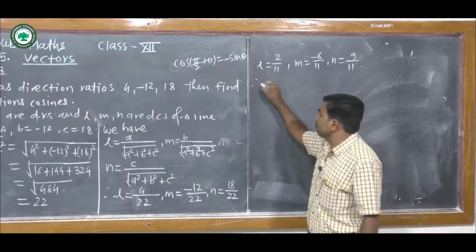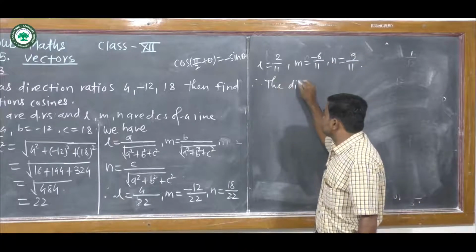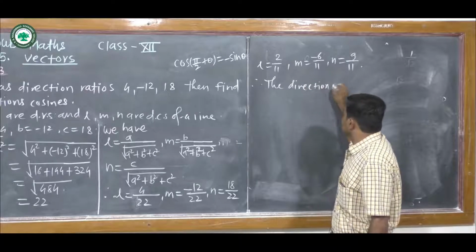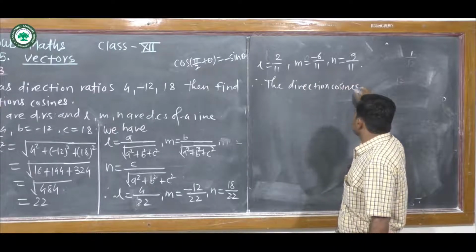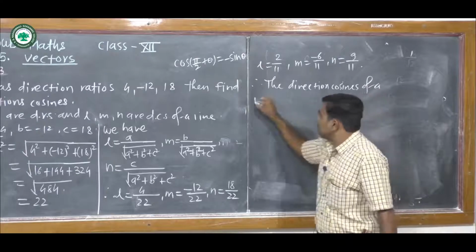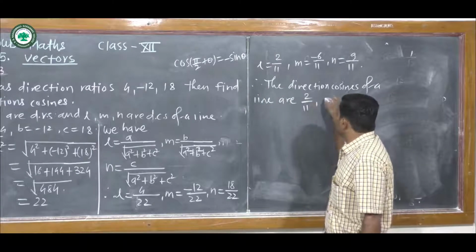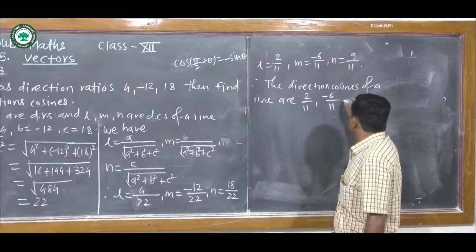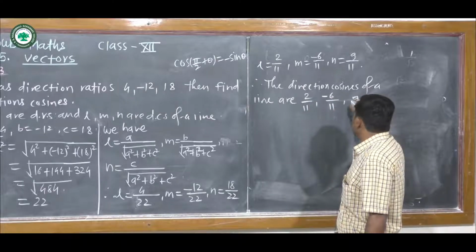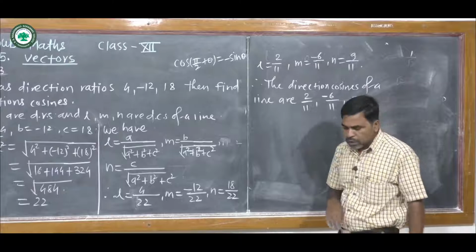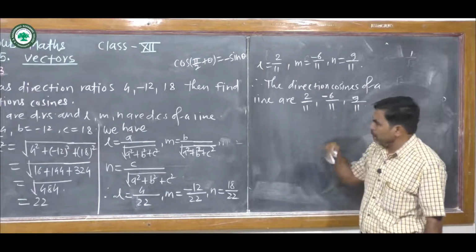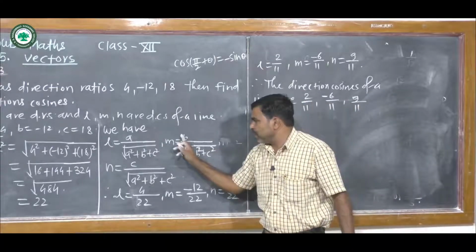So therefore the direction cosines of a line are 2 by 11, minus 6 by 11 and 9 by 11. Here we have taken plus, plus.